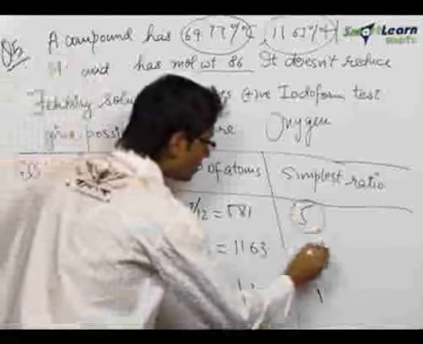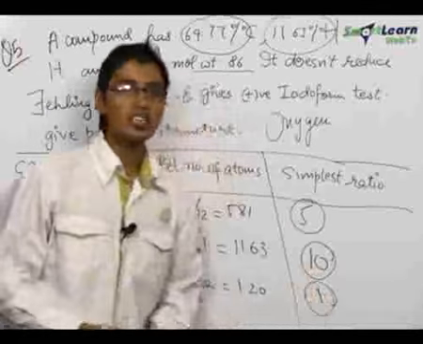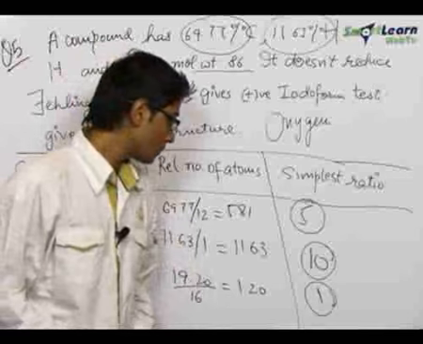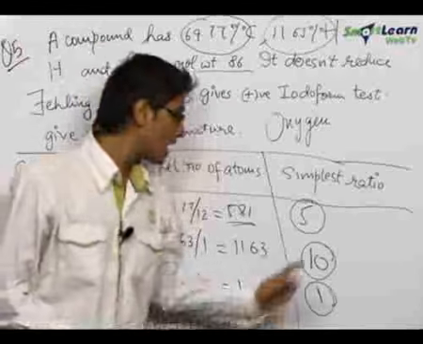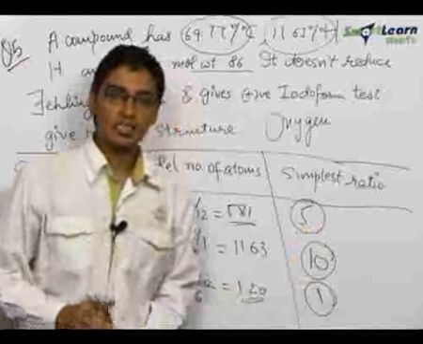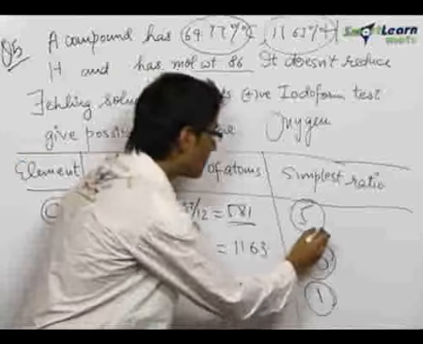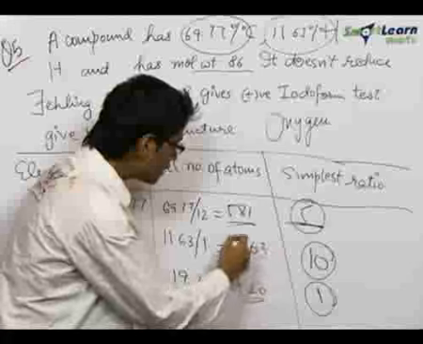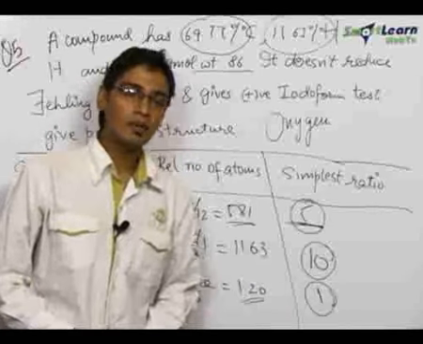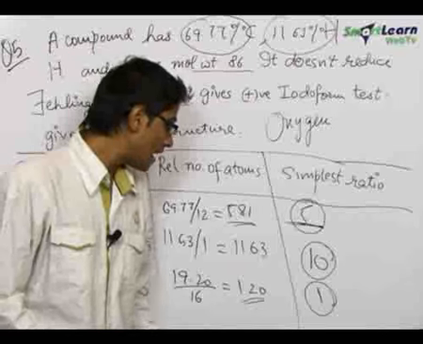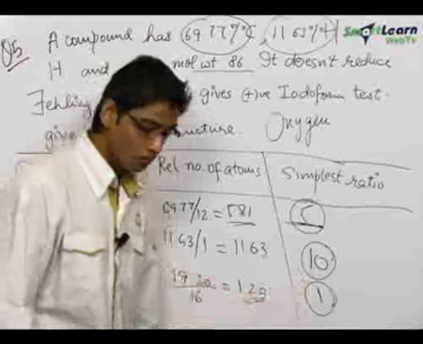We take these numbers as the closest integers. 5.81 divided by 1.2 is not exactly 5, but approximately nearer to 5, so we take the simplest ratio as 5. Similarly, 11.63 divided by 1.2 is not exactly 10, but we take it as 10, and 1.2 divided by 1.2 is equal to 1.